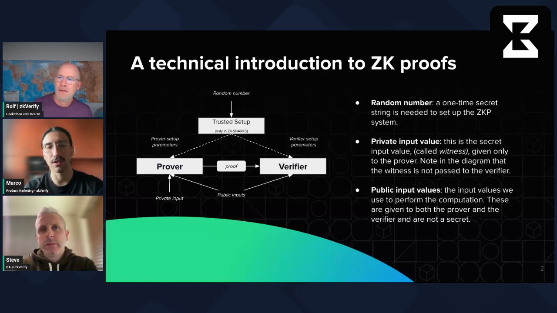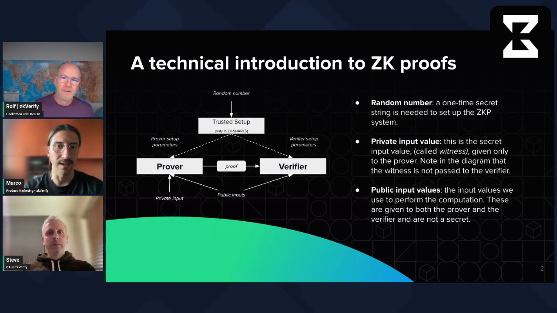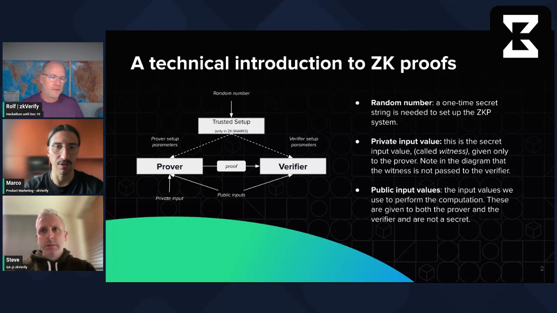For a certain kind of ZK proofs, we also have a trusted setup that is necessary for setting up the system, and this applies only for ZK snarks. The way it works is that we have multiple entities and a random number that is the one-time secret string needed to set up the entire ZK system.